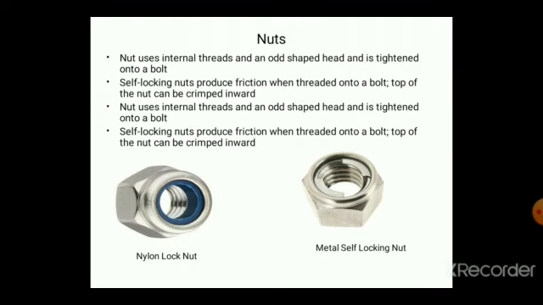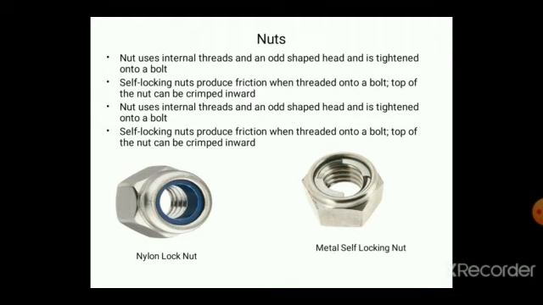Self locking nuts produce friction when threaded onto a bolt. The top of the nut can be crimped inward. Depending on your application, self locking nuts are also used on four-wheelers, where the wheels rotate at very high revolutions or RPMs.